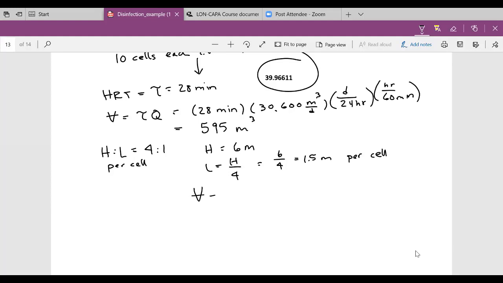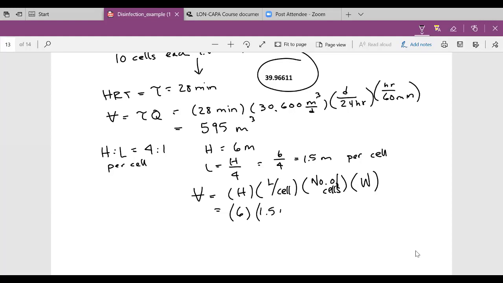The volume is then equal to the height times the length per cell times the number of cells times the width. So our height is 6 meters. Our length per cell is 1.5 meters. We have 10 cells. And this is equal to 595 cubic meters.